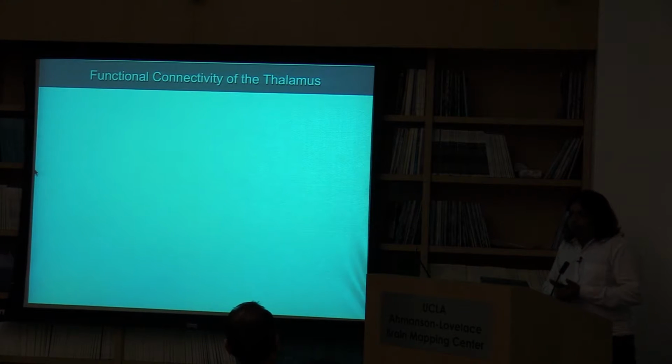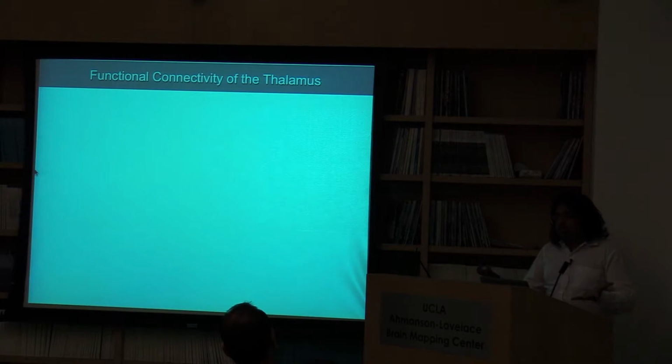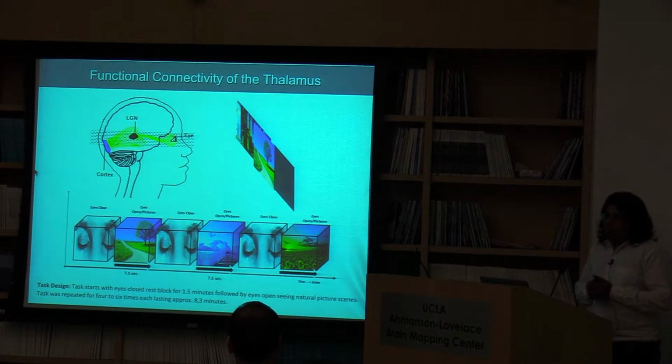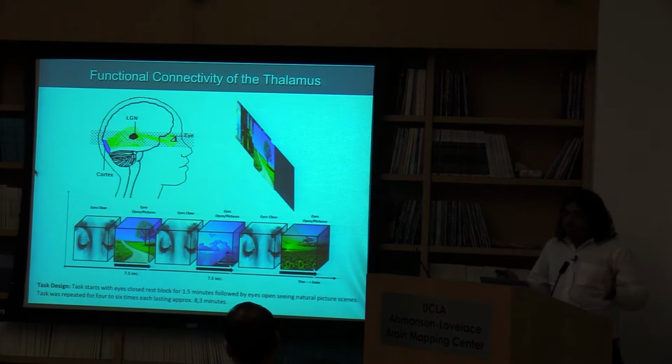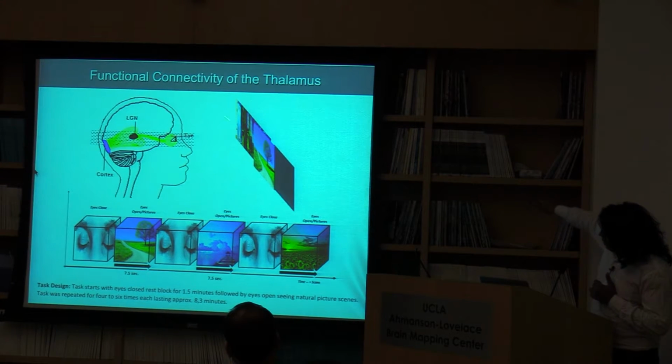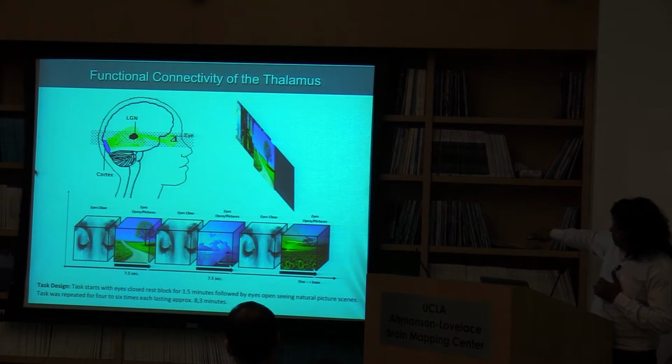Before I move to the next part of my presentation, I want to show you one application of such a high dimensional functional parcellation. At 9.4T, we performed a task fMRI study in which volunteers were examined with resting state fMRI and a visual task. In the task, they observed natural landscape pictures.